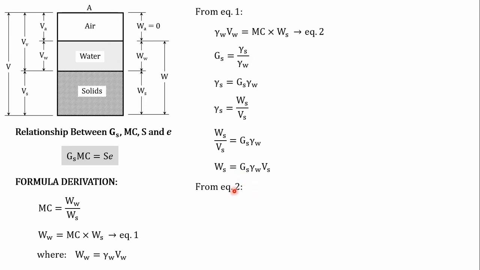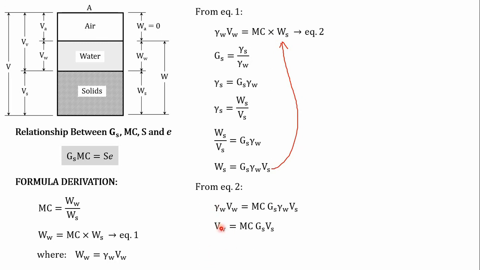So, from equation 2, this equation is substitute na natin siya sa equation number 2. So, we come up to the formula of unit weight water times volume of water is equal to mc times Gs, unit weight sa water times Vs. And then, unit weight sa water, and then unit weight sa water, it should cancel out, no?